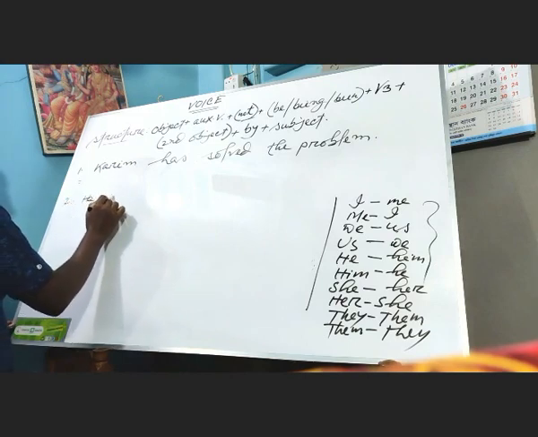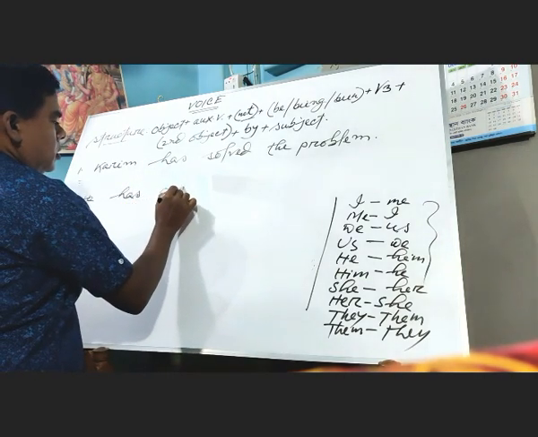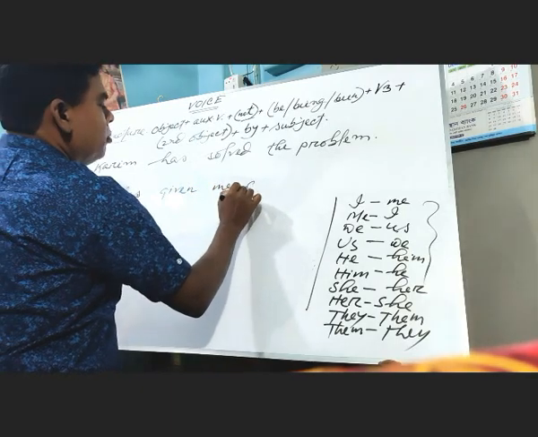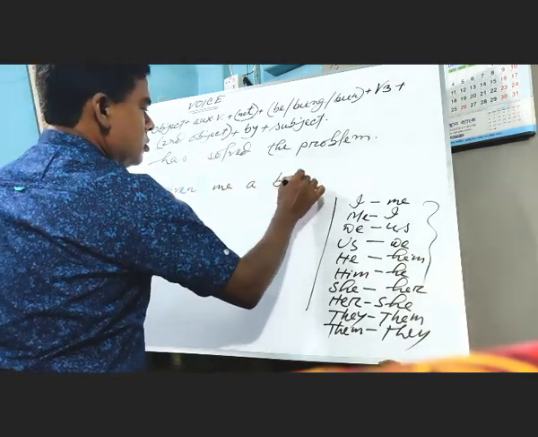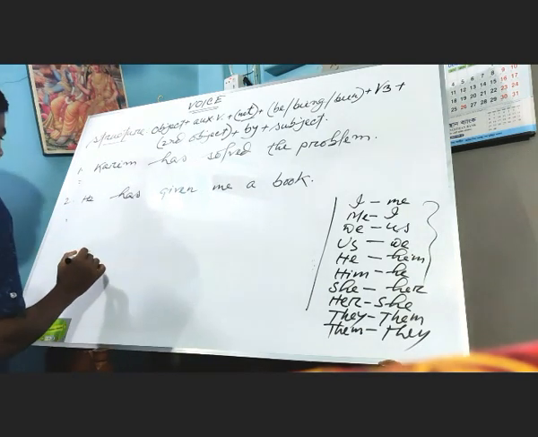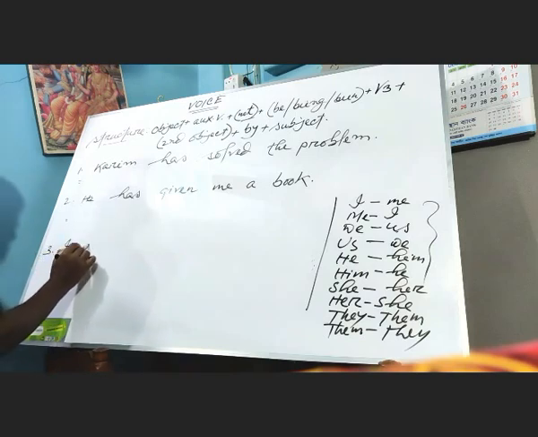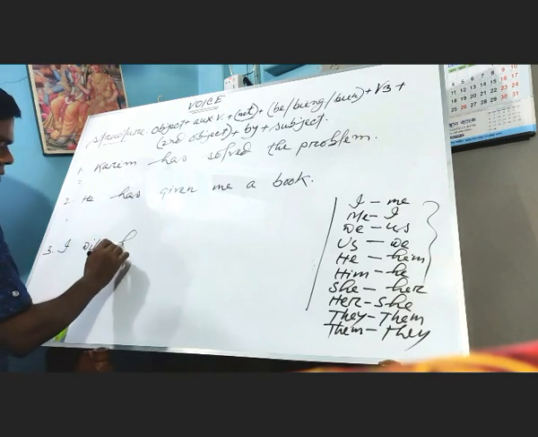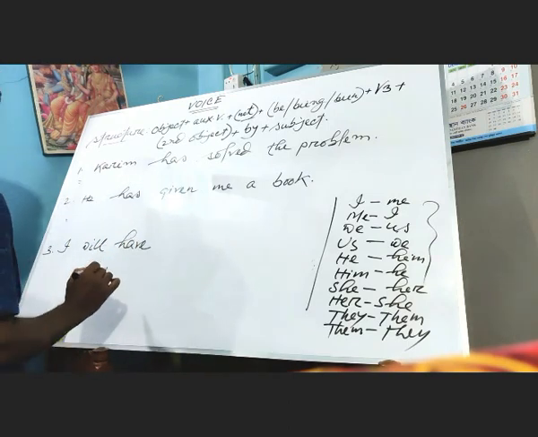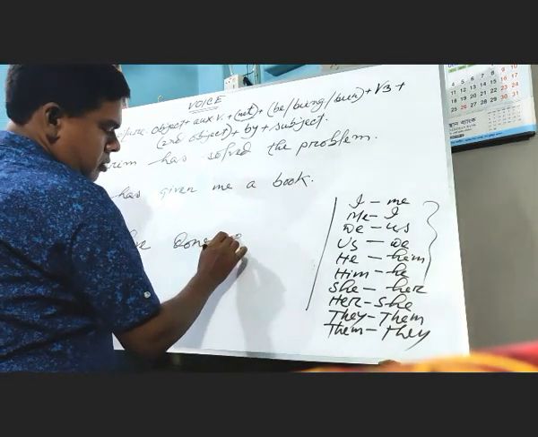He has given me a book. Okay. Number 3. I will have done the work.